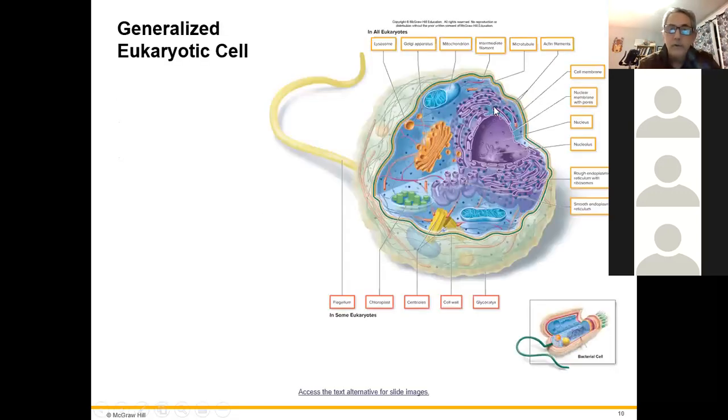A generalized eukaryotic cell, if it's a protist, could have flagella, but they're made of different proteins than found in bacteria. They have mitochondria, which are necessary for aerobic respiration. The Golgi apparatus is where vacuoles can form. A notable one is a lysosome that we'll see in phagocytic cells.